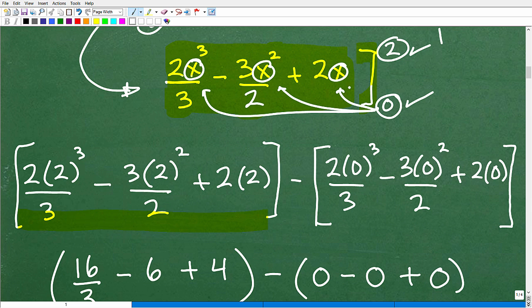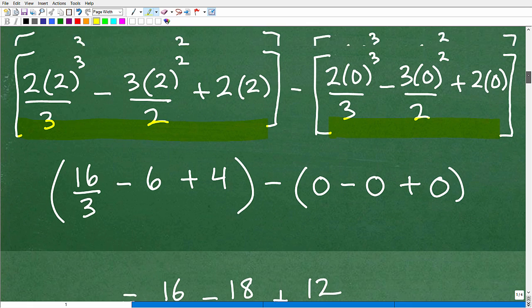Okay. So I'm going to do this twice. I'm going to figure this thing out when it's 2, and I'm going to figure this thing out when it's 0. All right, so you can see this is the setup. I'm plugging in 2 for the top number first, the highest number, and then I'm going to subtract it away from the lowest number, 0. Okay, and we're almost done here.